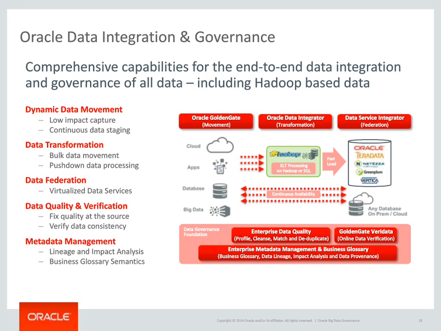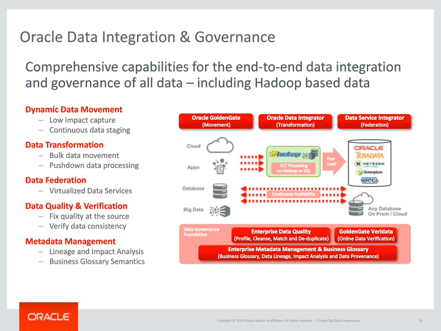And so as we have looked to put together the portfolio from Oracle that really aims to solve that comprehensive data integration and data governance footprint, what we've been focusing on is making sure that we've got capabilities that cover everything spanning from the dynamic data movement infrastructure, based on very low latency, low impact, and continuous data staging principles, into Hadoop, often aligning with, as you pointed out, the shift in the Hadoop community happening very recently, more and more towards the streaming and the interactive use cases rather than the batch use cases.